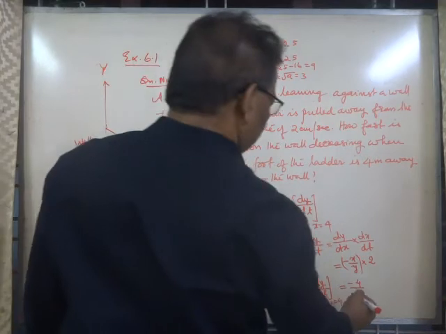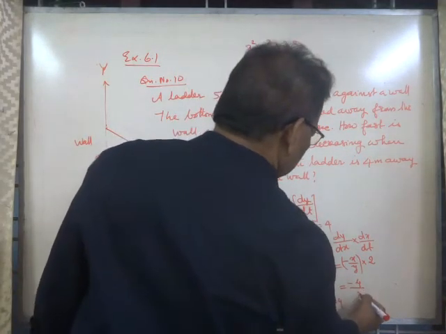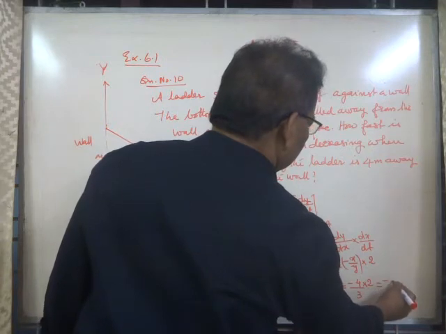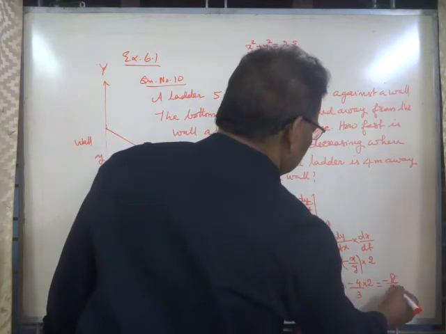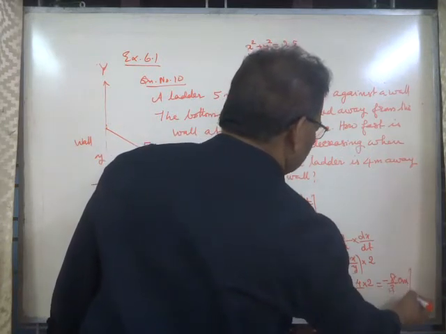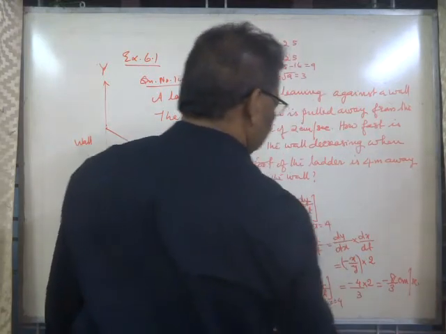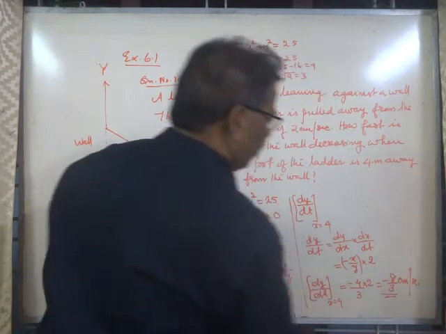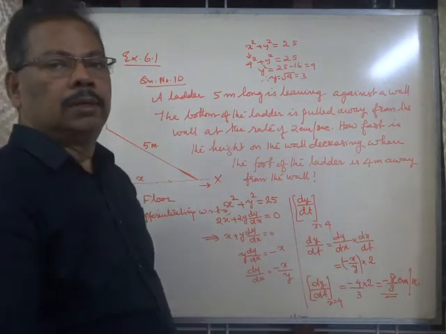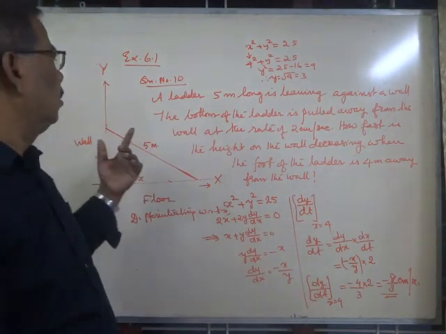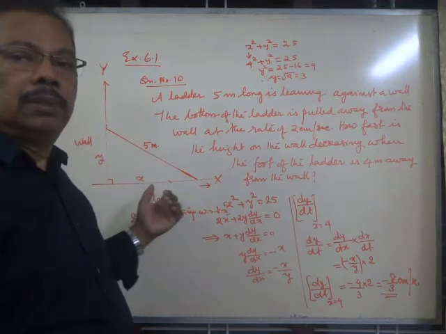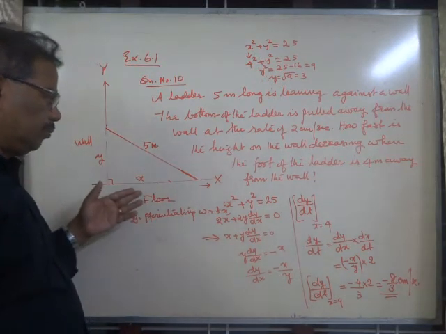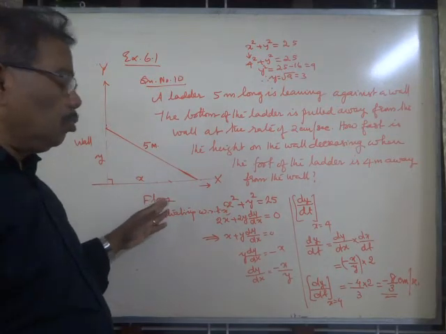Therefore, negative 4 by 3 into 2, and the answer is negative 8 by 3 centimeter per second. Why that negative sign? Because the height is getting decreased when the bottom of the ladder is moved away from the wall.